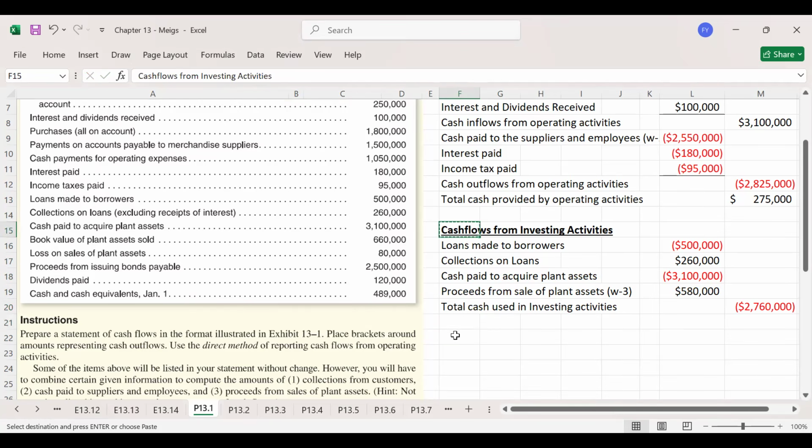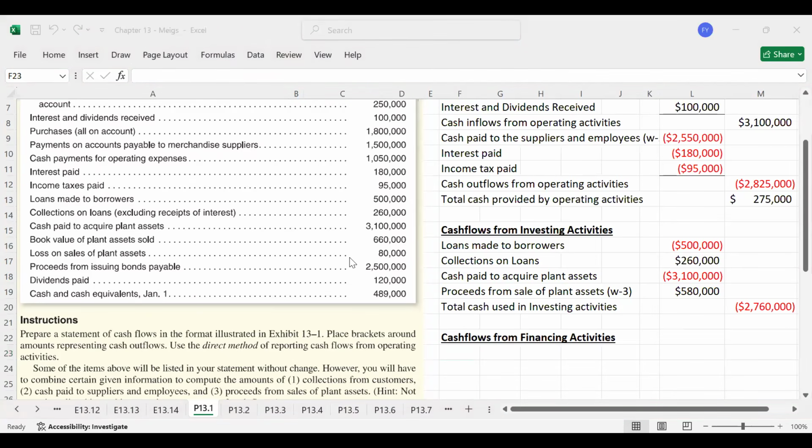The third one is cash flows from financing activities. So financing activities include all the cash that is related to the issuance of bonds payable, or issuance of any new shares, or buying back of any shares, or if any dividend is paid, and so on.